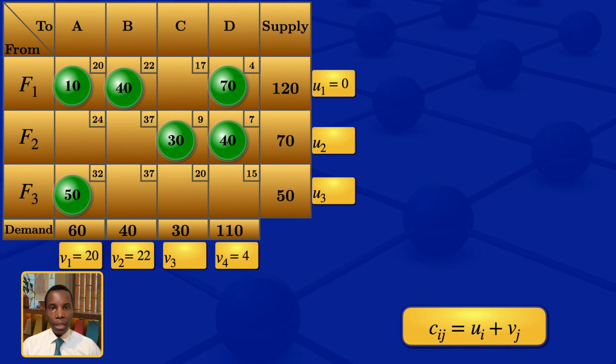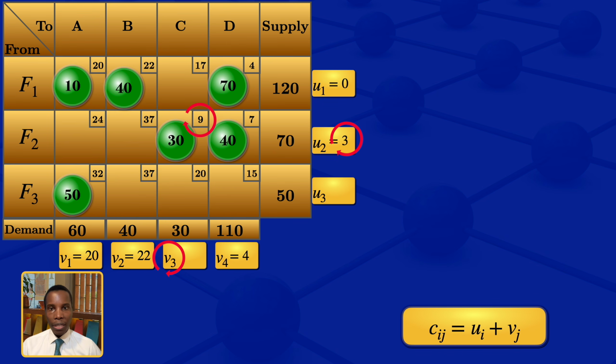And then we go on and look at this 7 here. 7, we will be saying, is equal to U2 plus this V4. So our U2 there will be equal to 7 minus 4, which gives us a 3. Then we go on to the next step there. We can look at this 9. For this 9, we will be saying 9 is equal to 3 plus V3.